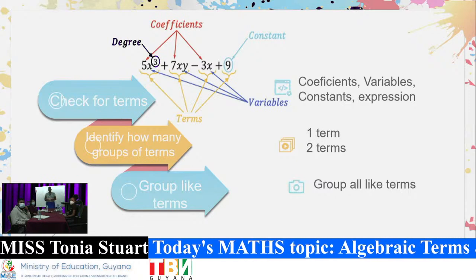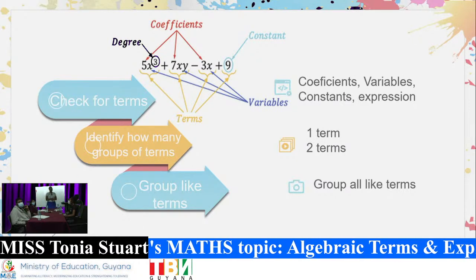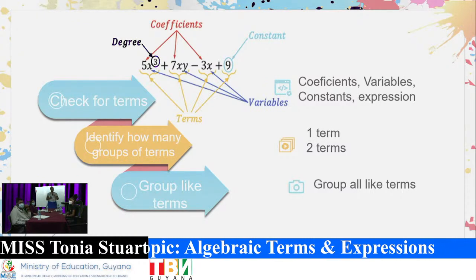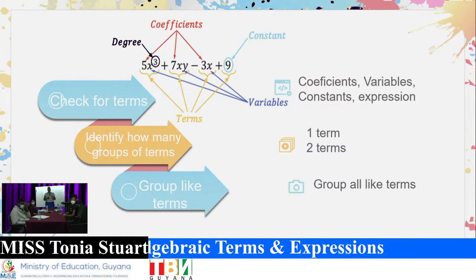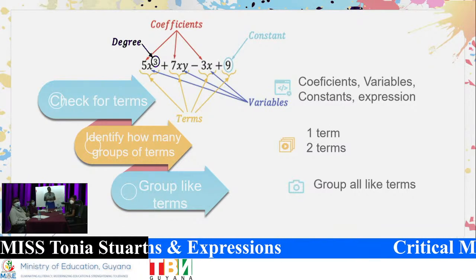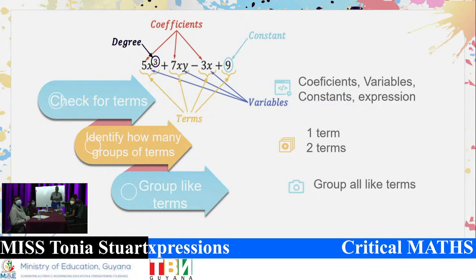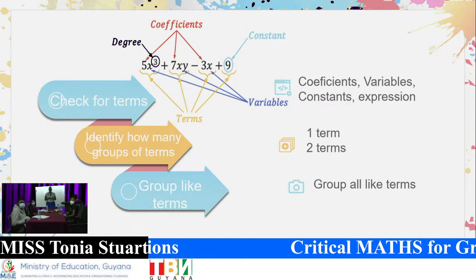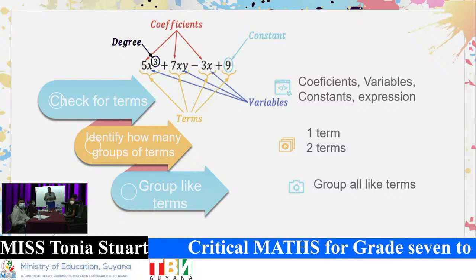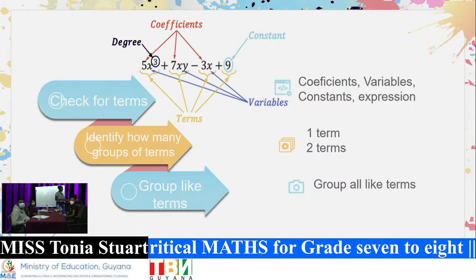Right? You think we're following here? Sure? So the first thing we look for to identify the coefficient, the variable, the constants, or the expression, is how many terms they have, and then we can group those terms. When we start grouping those terms, then we are moving on to another aspect of the topic. Good, so let's go.